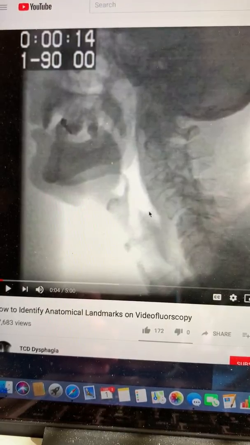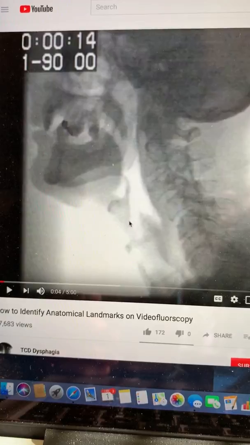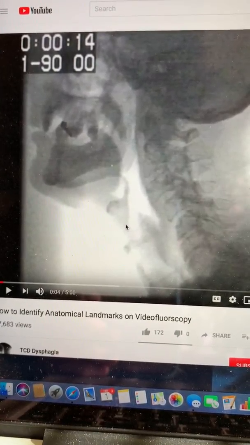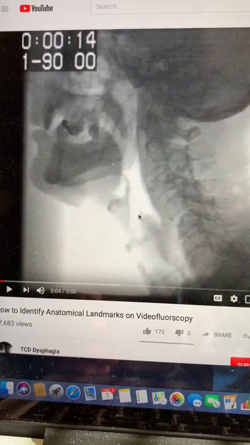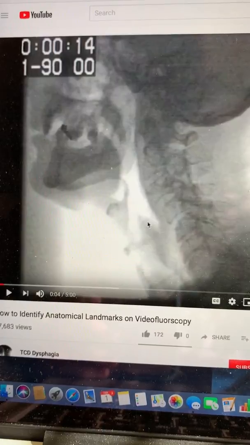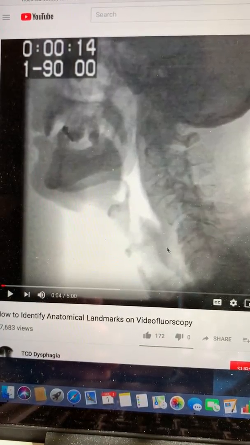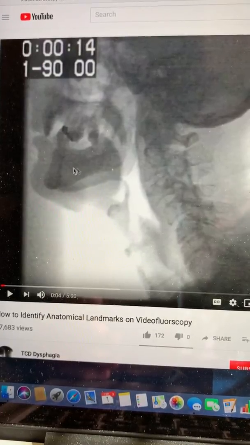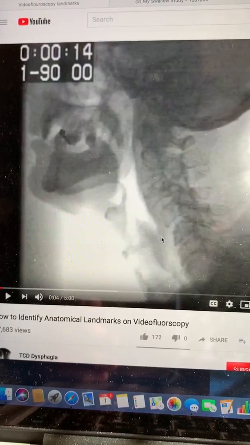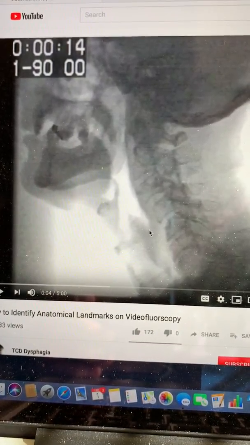The piriform sinus is on either side of the trachea, but you can really only see that when it's filled with barium. This is the start of the esophageal sphincter, which stops regurgitation from coming up, and it stops from swallowing air. And below this is the esophagus.